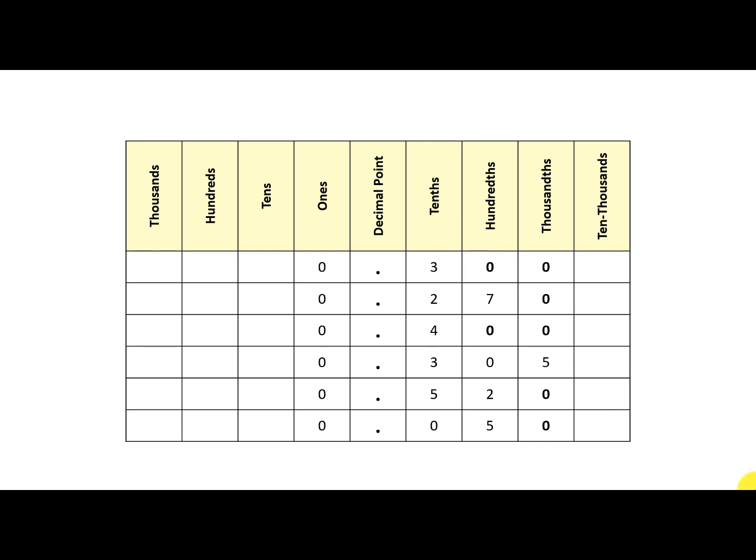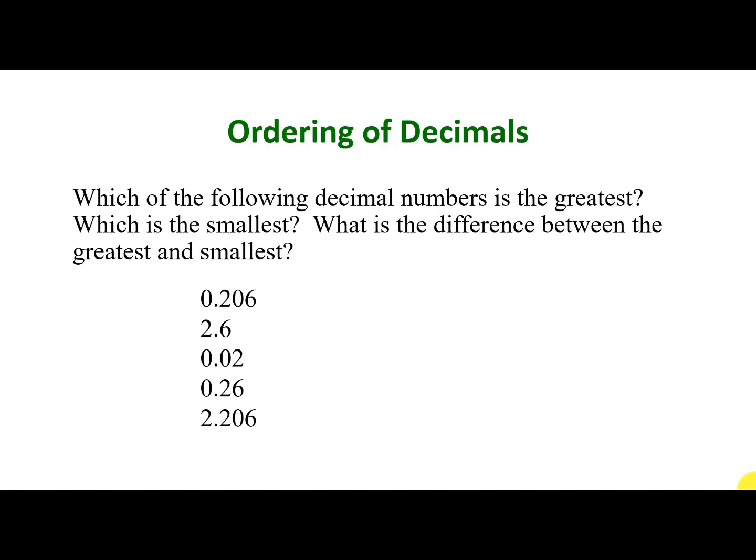Let's do another example. Which of the following decimals is the greatest? Which is the smallest? And lastly, what is the difference between the greatest and the smallest? So our first step is we want to add zeros if need be, so all the values have the same number of decimal places.